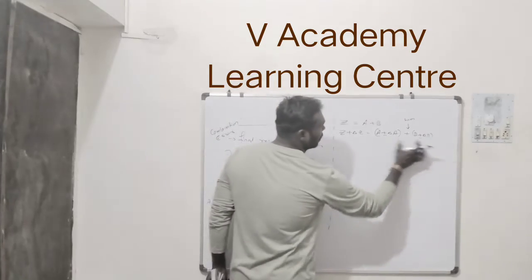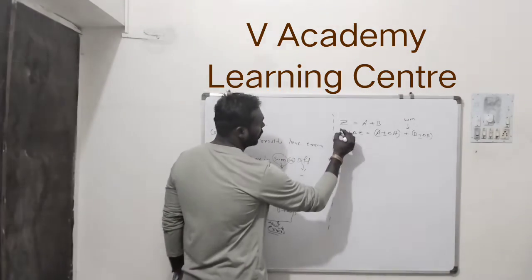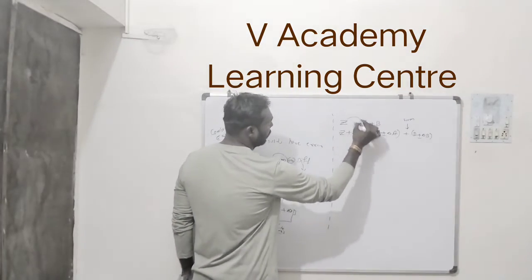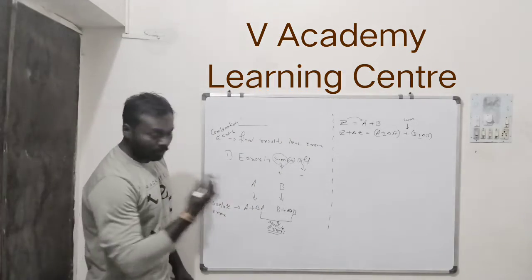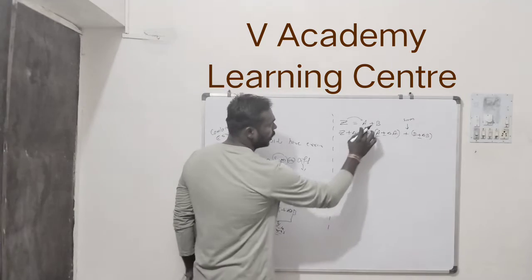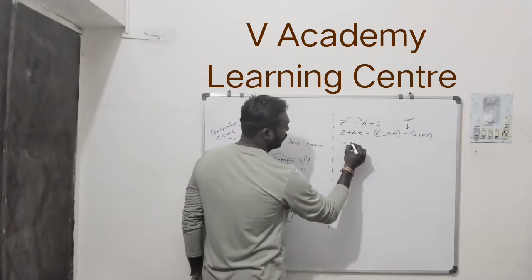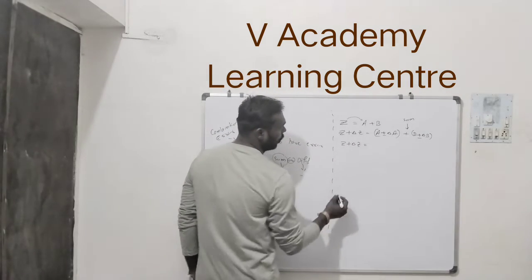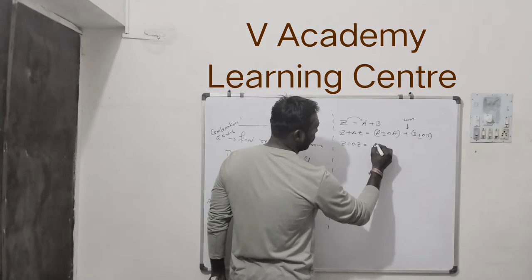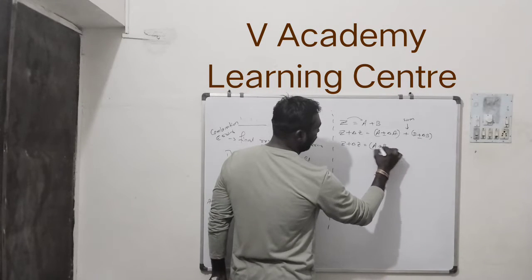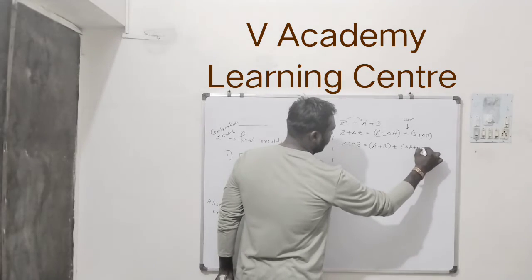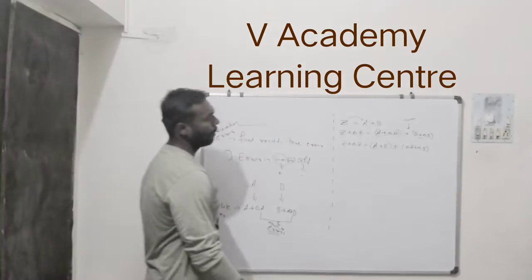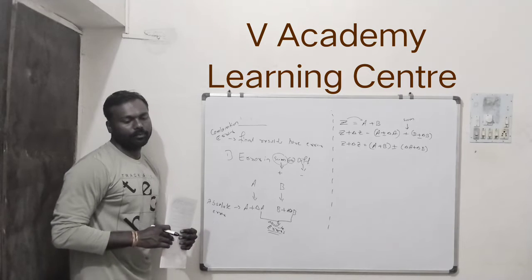So, I will rearrange the terms. Why? Because I have Z equals some value here, and I want to rearrange it in a proper fashion so that it is equal to that. That's why Z plus delta Z equals A plus B plus or minus delta A plus delta B. Correct?